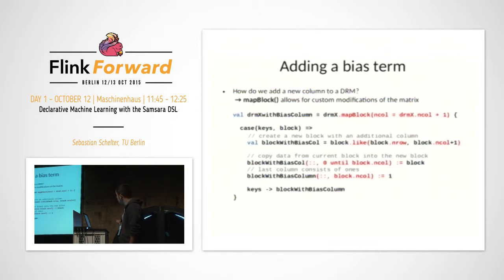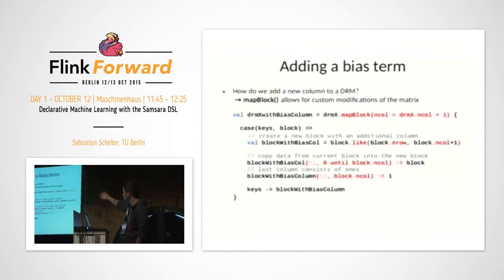So in our case, we can use this map block method to simply add a column of 1s to this matrix. So we would take our feature matrix X, invoke this map block method. So we give it a hint that the result will have an additional column, because the internal optimizer needs to keep track of the size of the matrices.